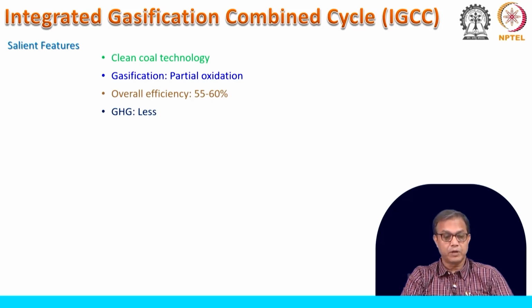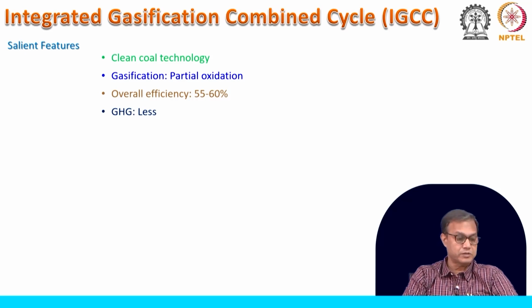So, in a nutshell, this integrated gasification or IGCC process is a bit advantageous over the conventional one, and these processes are in the newer generation of thermal power plants, since 1995 onwards, they are in use.